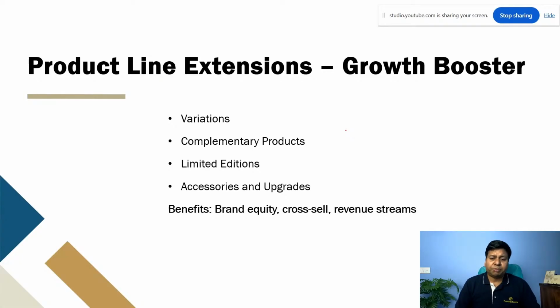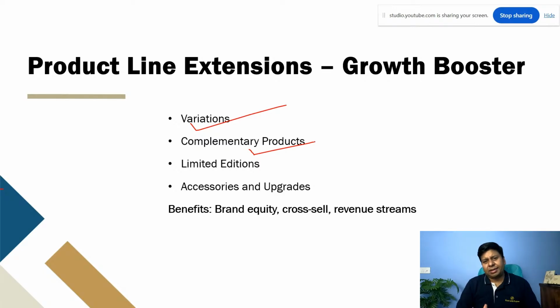And for the product line extension, which we discussed just a slide before, there can be a different variation, like I explained in terms of Colgate. Complementary product. Sometimes we develop a complementary product.